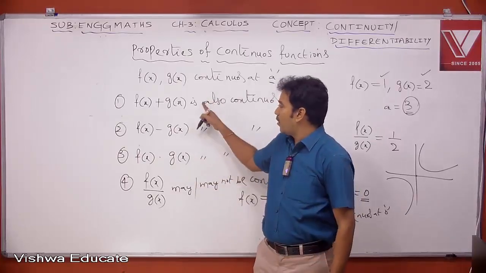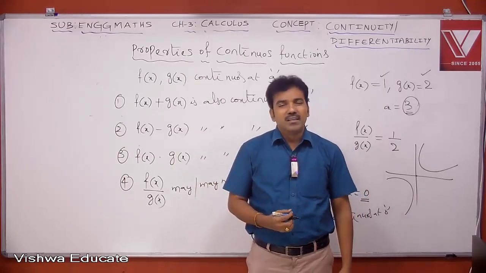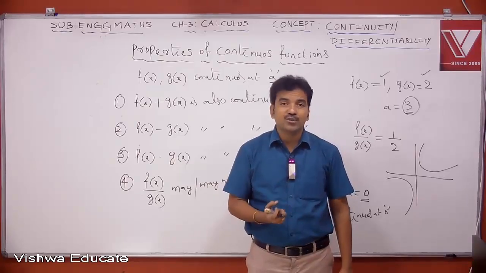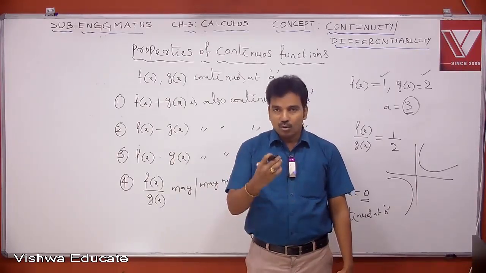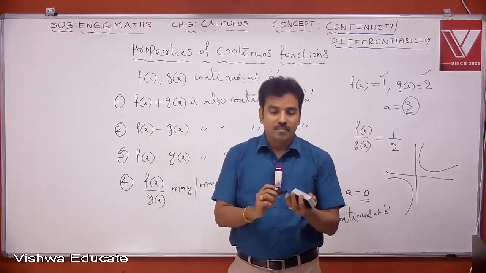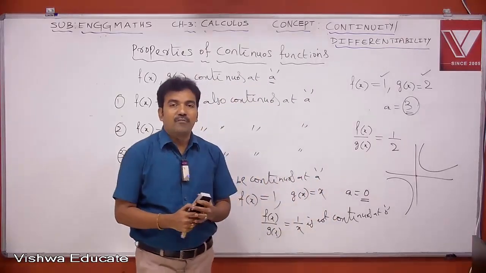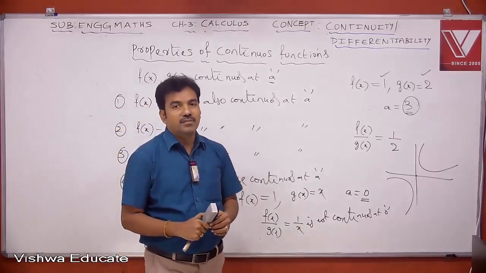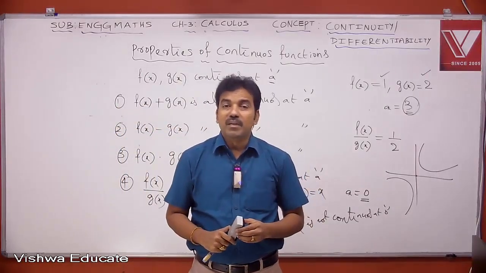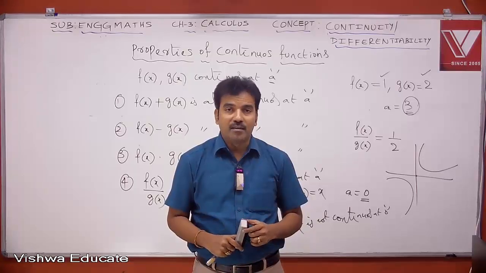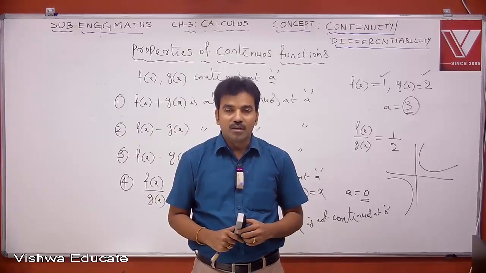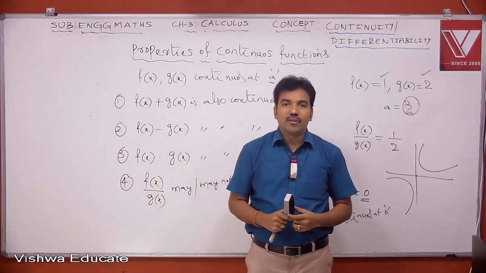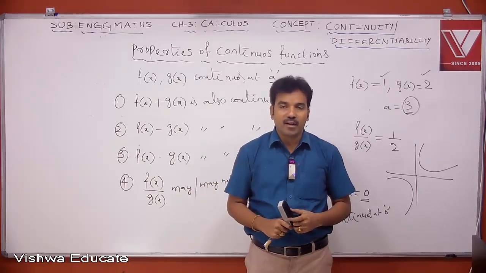So by using property 1, property 2, property 3, even if you give me a very complicated example, I can easily say whether it is continuous or not. Okay, note these points. Let f of x comma g of x be two continuous functions at a point a.